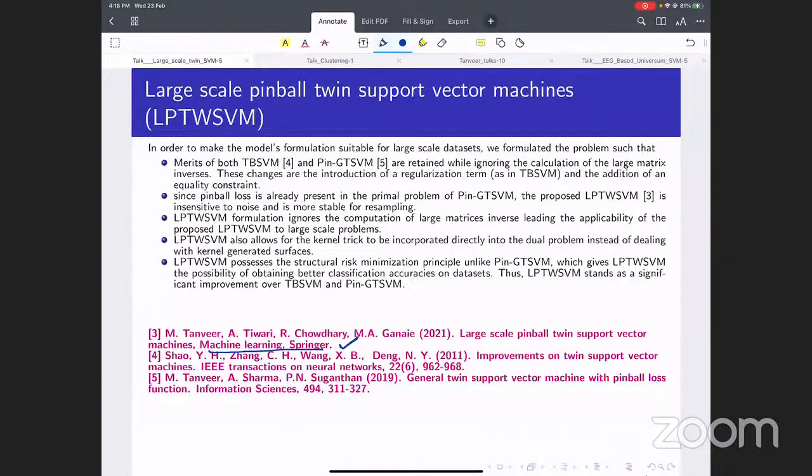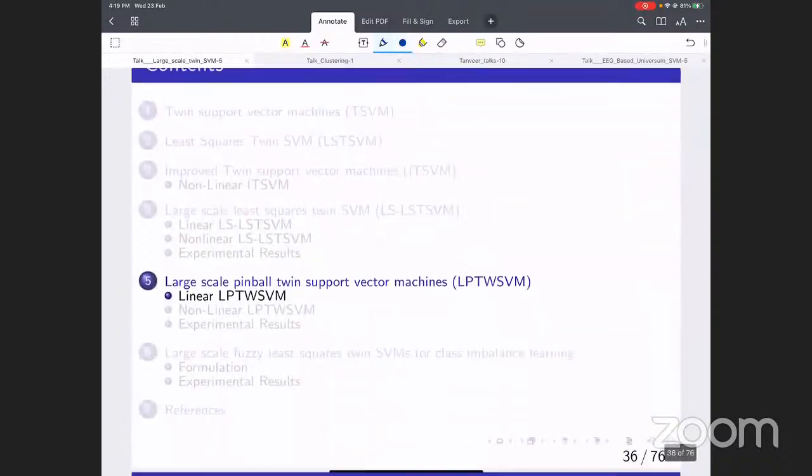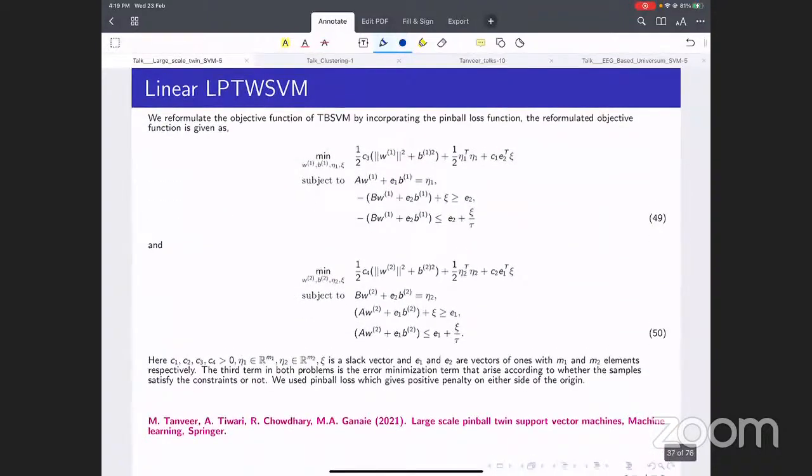It resolves all the issues at the same time, meaning calculation of large matrix inverses, and it is more stable for resampling and direct kernel trick. Those issues are resolved in the same formulation. So this is our proposed formulation.